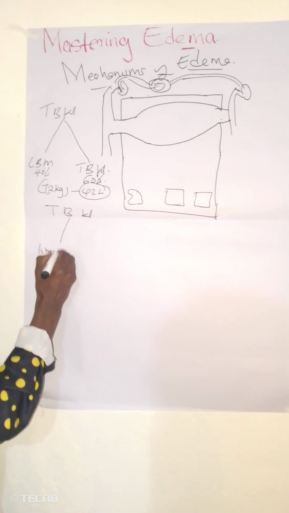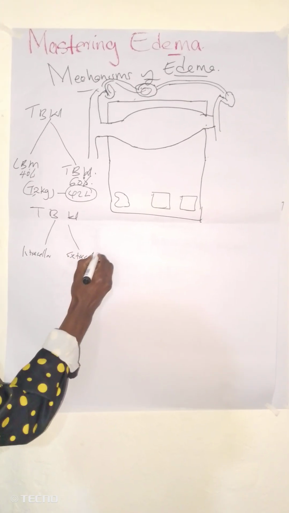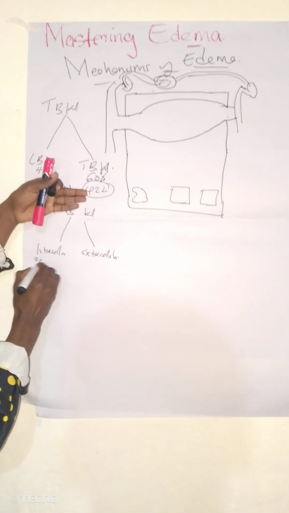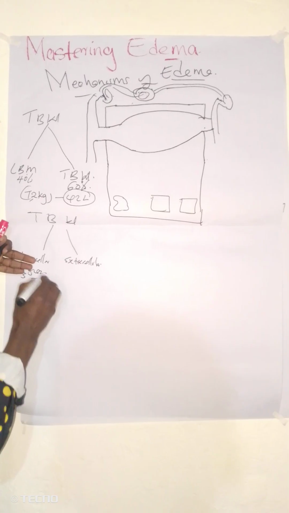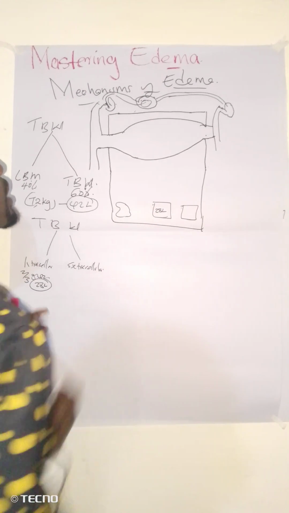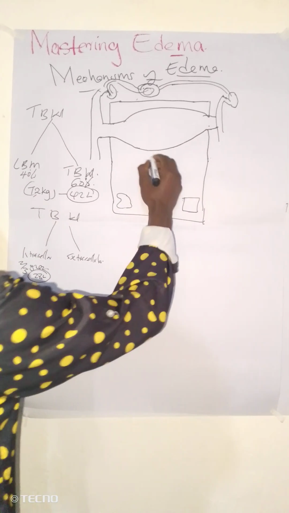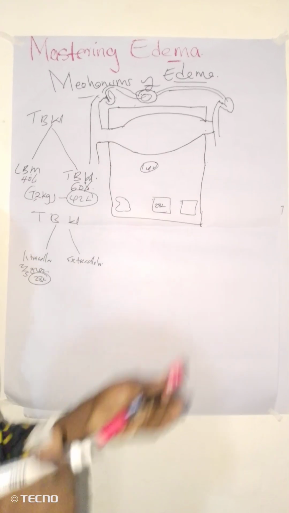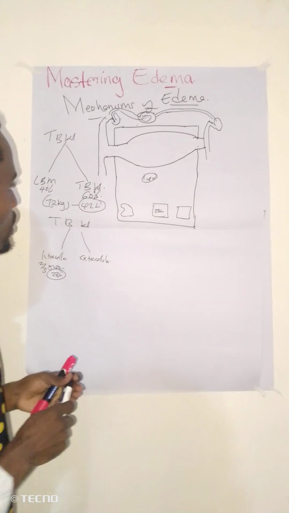The intracellular is always 2/3 of total body water, which when we calculate will be 28 liters. So the remaining amount of water, when we subtract 28 from 42, is 14 liters, both in the plasma and the interstitium. This is a normal case.